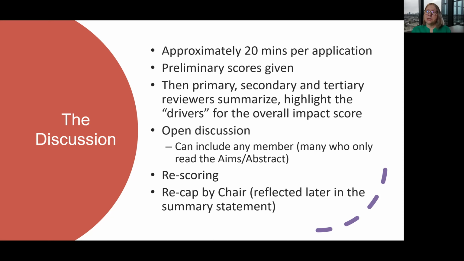So there's an open discussion, and then after some back and forth, the primary reviewers are asked to review where their current level of enthusiasm or score is. And sometimes people go up and down a little bit based on that discussion. And then everybody is asked to provide a written score. And that's an overall score for the impact, and that often will be given a percentile depending on the funding mechanism. The career development grants are often just an absolute score, and that often determines funding.